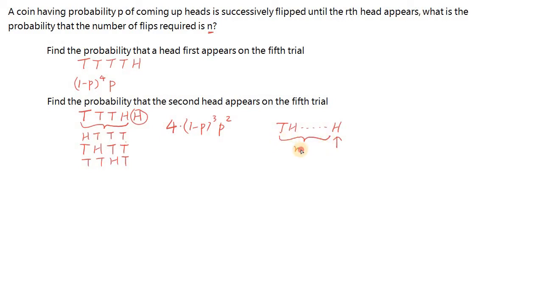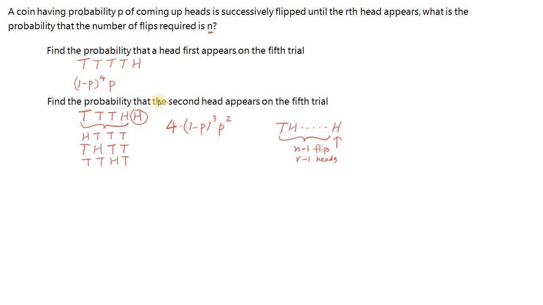And within the first n minus 1 flips, you are going to have r minus 1 heads. The question would become how many different sequences you can arrange and still satisfy this pattern where you get r minus 1 heads in the first n minus 1 flips, and then you get a head at the very end.